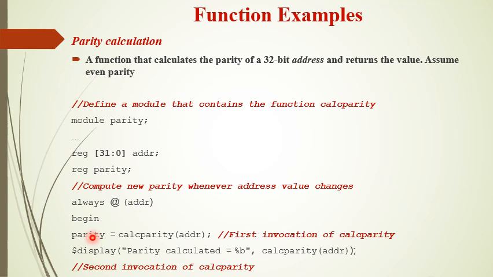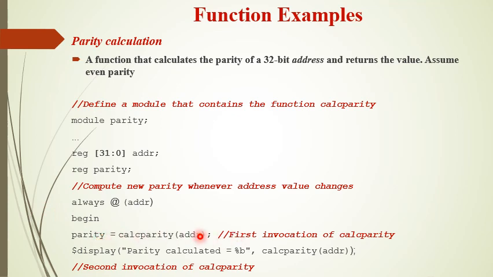If the address consists of an odd number of ones, then the parity bit will be 1 to make the parity even. So the function will be returning a 1. And if the number of ones in the address is even, then the parity bit will be 0. So this function is going to return 0 as the return value.